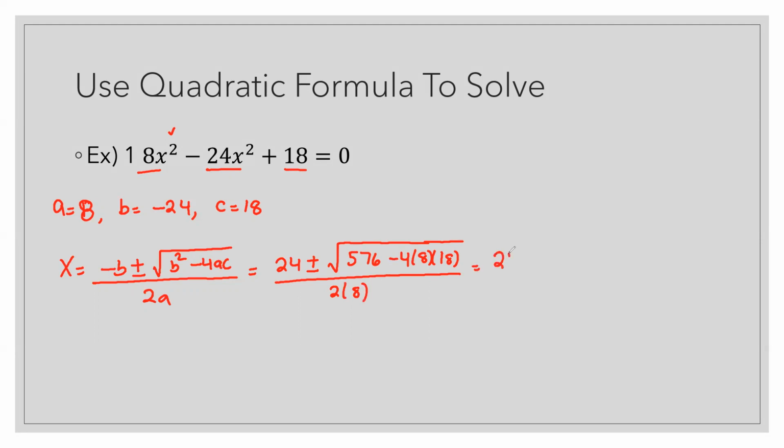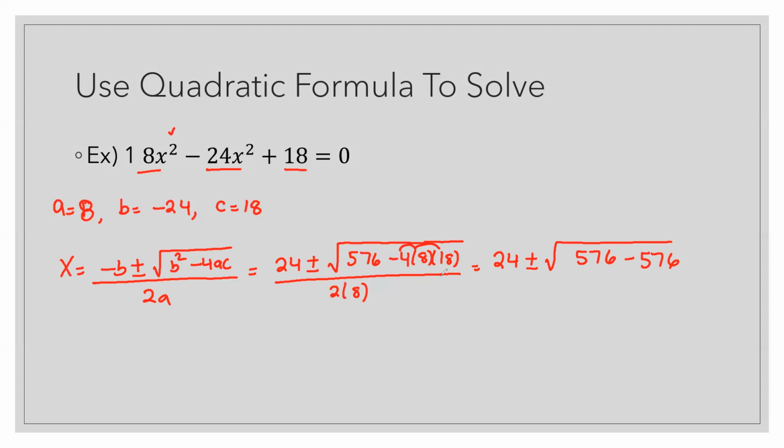So that's 24 plus or minus negative 4 times 8 times 18, which is negative 576. Let me double check that.